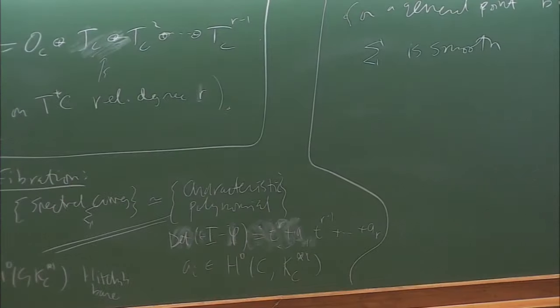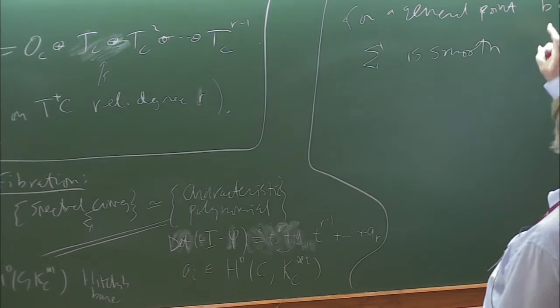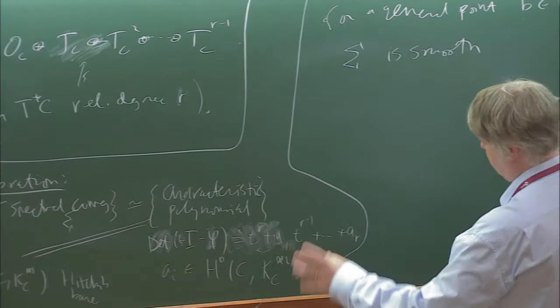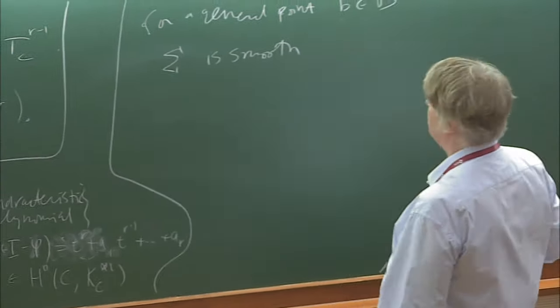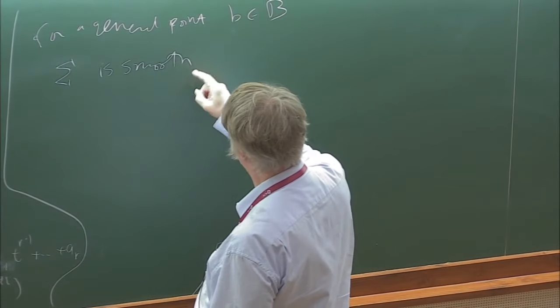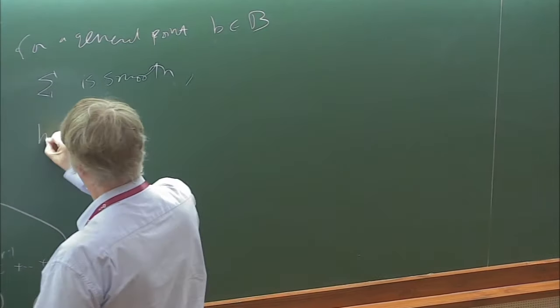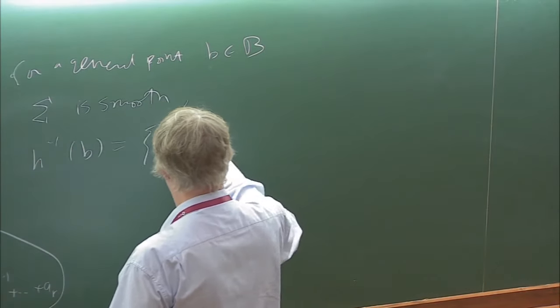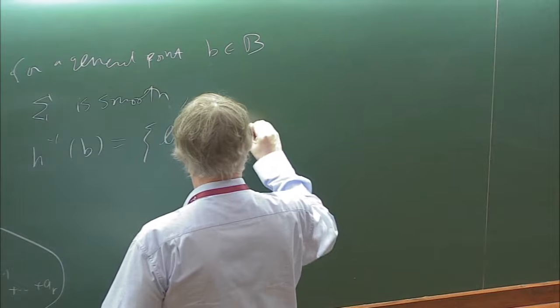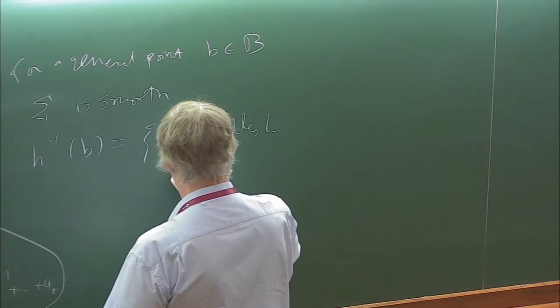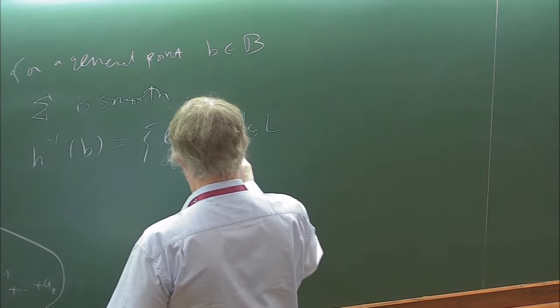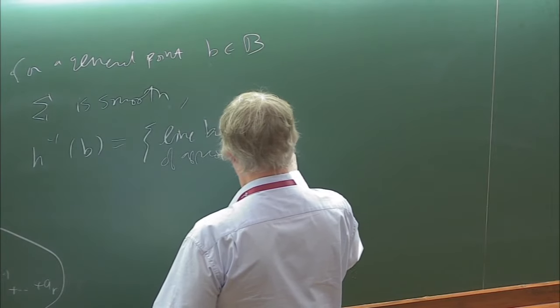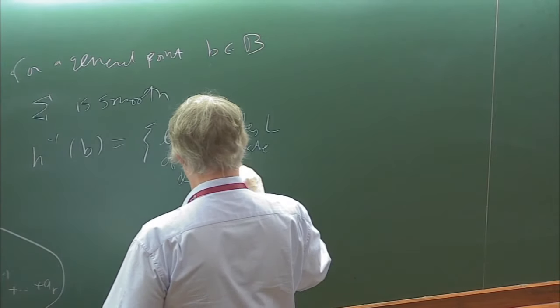So for a general point, in the cases we're interested in, like genus greater than or equal to 2, the spectral curve is smooth, and H inverse of b is a set of line bundles L of appropriate degree on sigma.